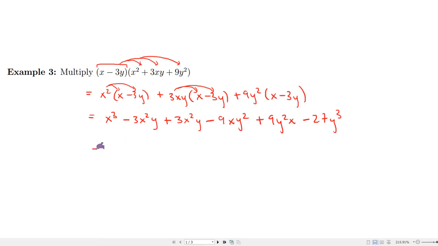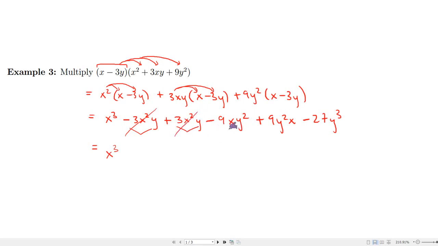And now we have to simplify this. So looking at x cubed, are there any other x cubed terms? No, so that would just be x cubed. What about terms that have x squared and a y? So two x's and a y. x squared y, x squared y. Nope, only one x, no x's. So these two would combine, and they're negatives, so those cancel, right?